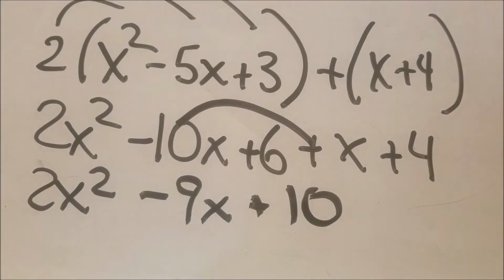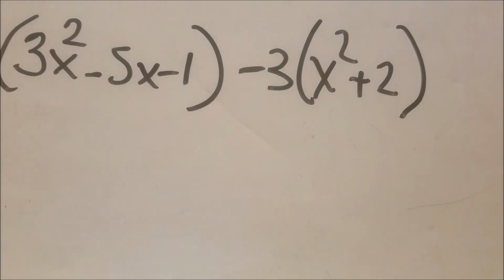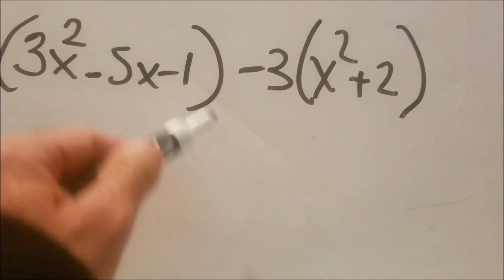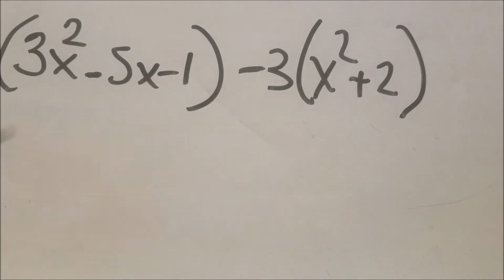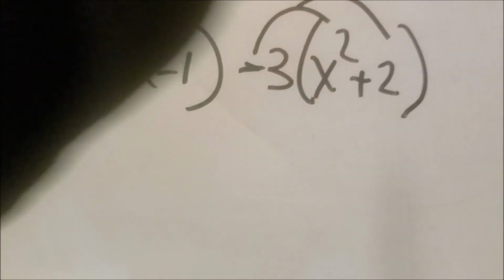All right, let's do one with subtraction. Okay, I'll start here. What if I had 3x squared minus 5x minus 1, minus 3x squared plus 2? So, again, we're going to keep this. Remember in subtraction, which you probably learned in elementary school, keep, change, change when you see subtraction. What you want to do here with this minus, you want to distribute the entire thing.